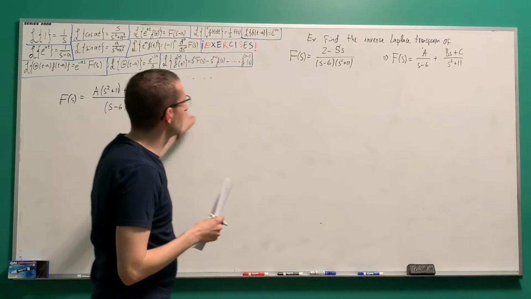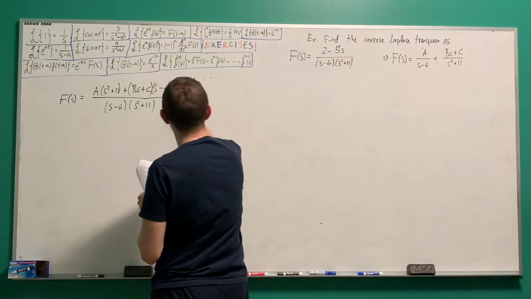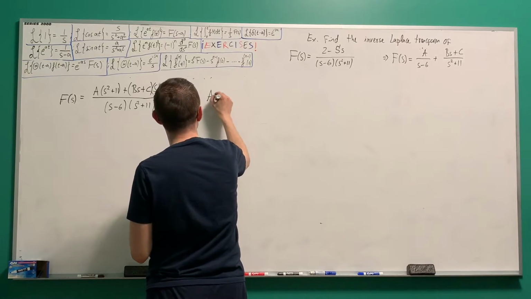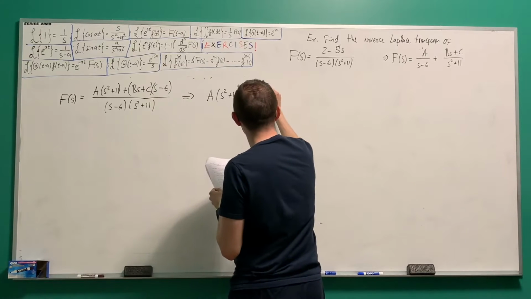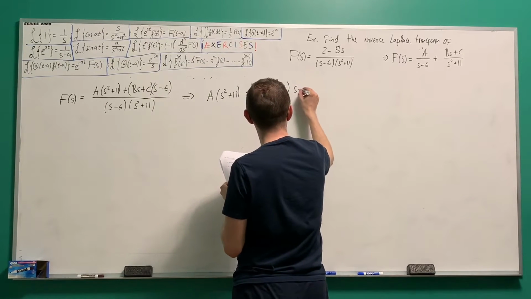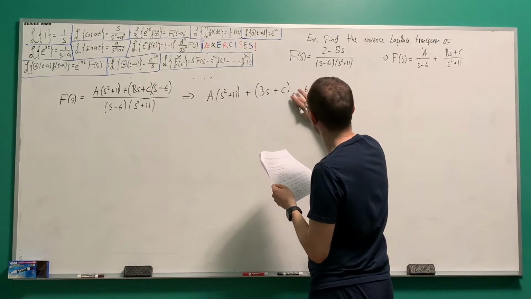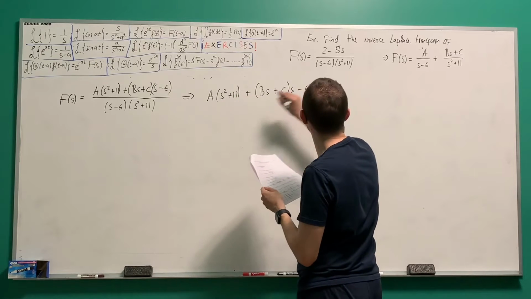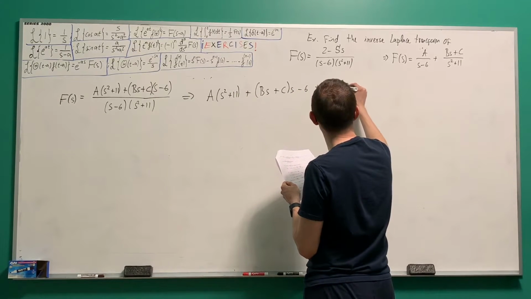Now this thing has to be equal to that thing, that means the numerator has to be equal to this numerator. That gives me the following equation. A that multiplies s squared plus 11 plus Bs plus C that multiplies s minus 6 is equal to, this is an s of course, right?